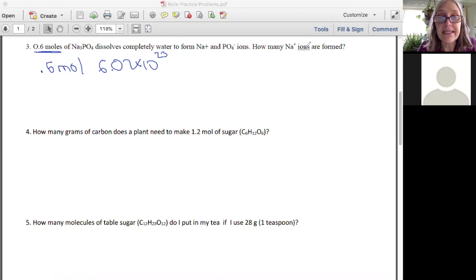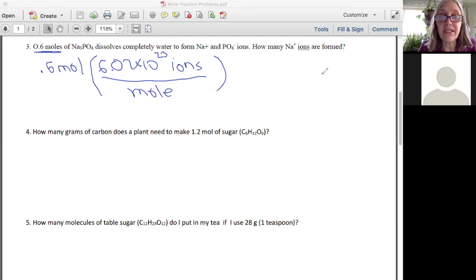In this case, we want ions, and that's per mole. So in 1 mole, there's 6.02 times 10 to the 23rd ions.